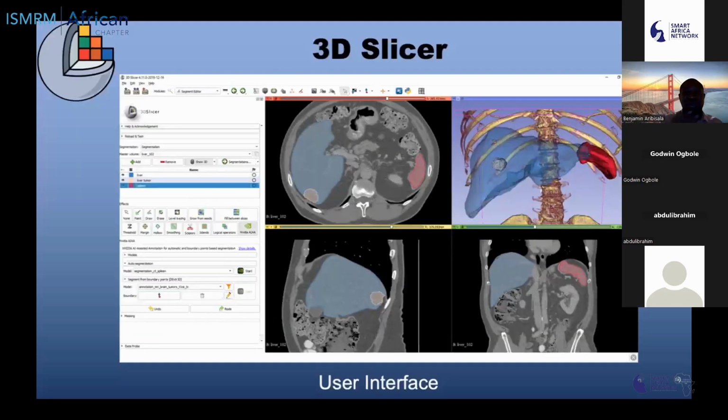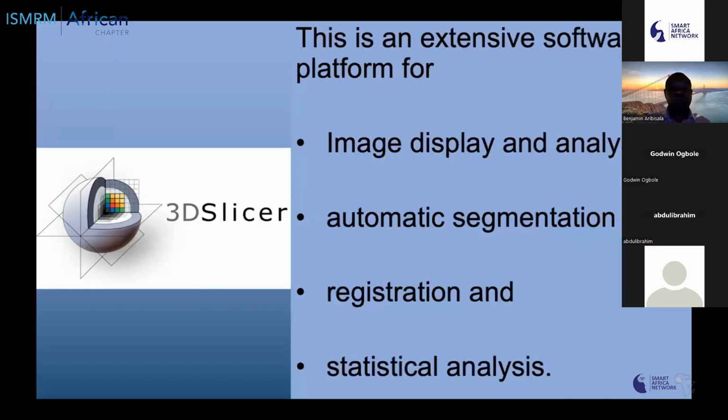Now I go to this beautiful software package called 3D Slicer. 3D Slicer allows you to batch process. Even though it's GUI driven, you can automate whatever you do by selecting a folder and submitting what you want to process. It does segmentation very well, and it does registration.